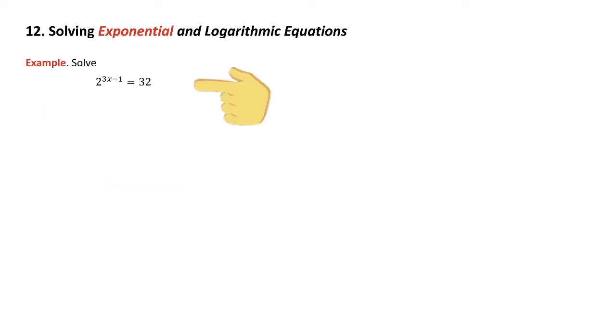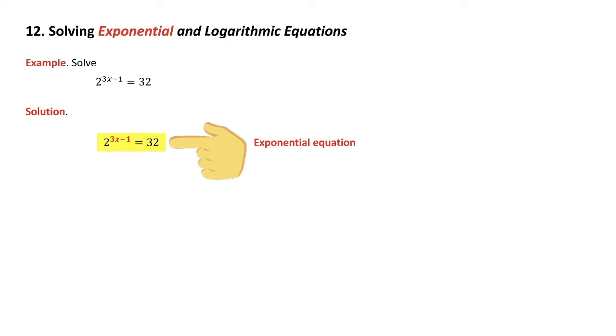Now each of these is going to get progressively a little more involved. Here's one, and notice the new feature is it's not just 2 to the x. It's 2, and the power here is 3x minus 1, but we'll solve it exactly the same way. Again, it's an exponential equation because there's a variable in the exponent.